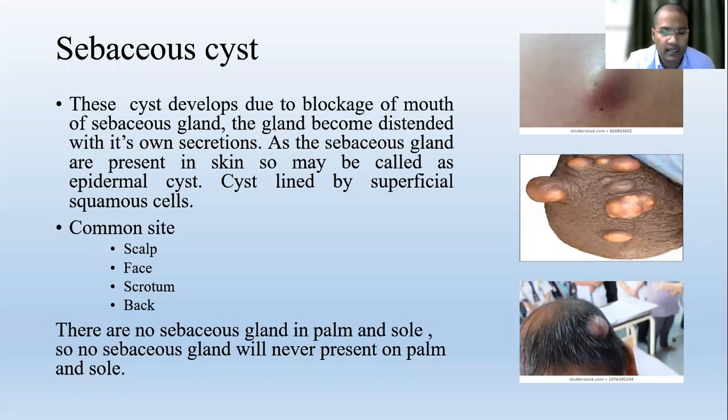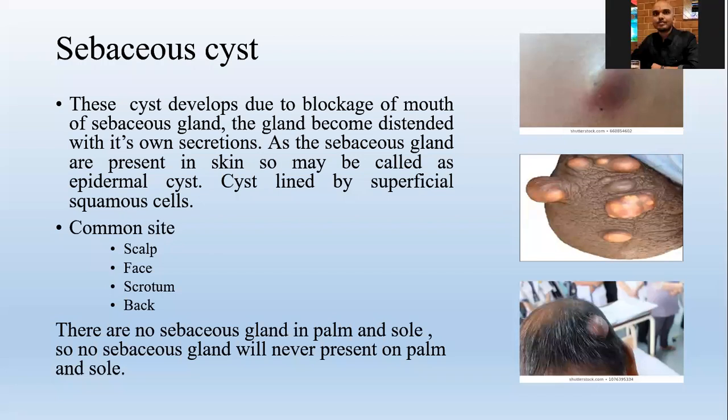So if the duct of the sebaceous gland, or the mouth of the sebaceous gland, which usually opens along with the hair follicles, is blocked, the sebum is still continuously secreted inside the gland, so it collects in the gland and forms a cyst that is called the sebaceous cyst, because the material present inside the cyst is a semi-solid, very foul-smelling material called sebum.